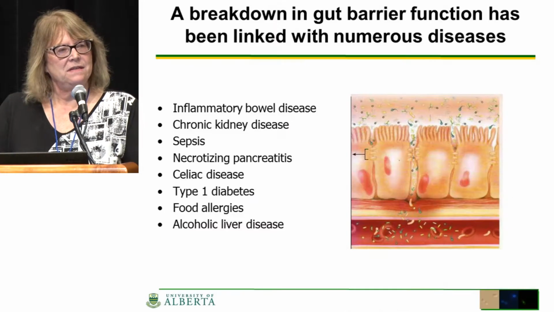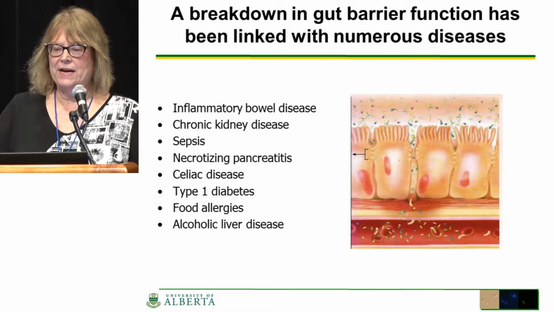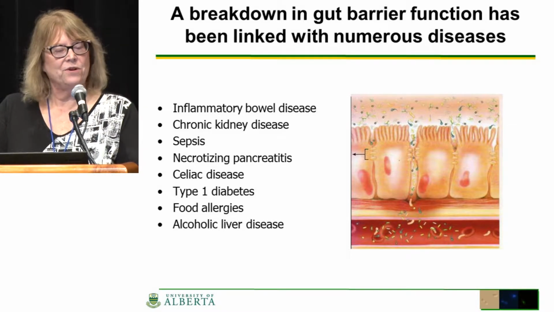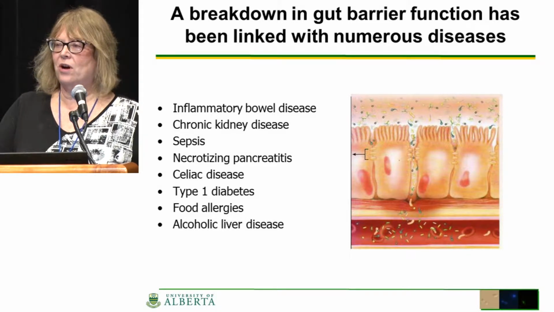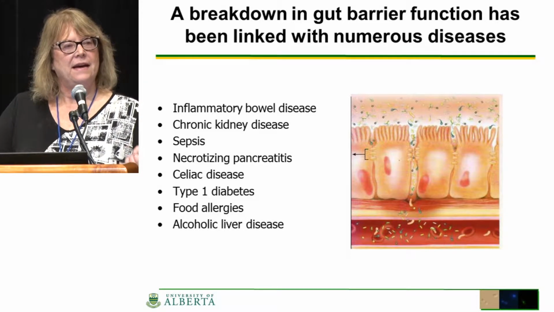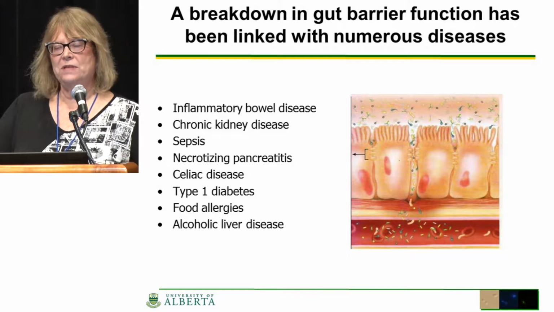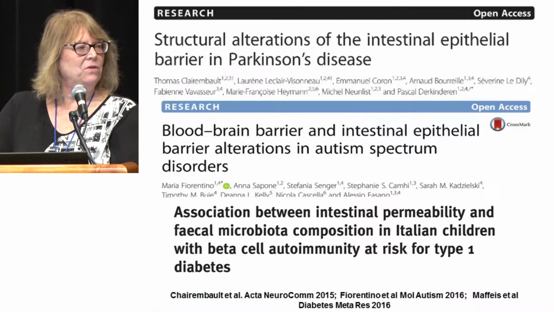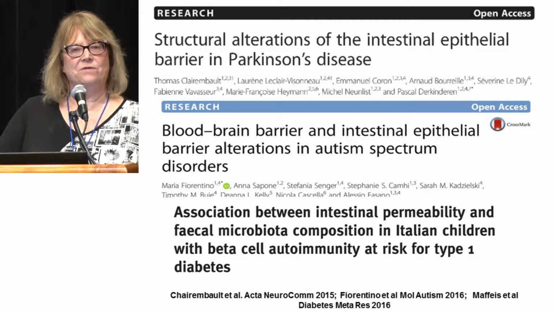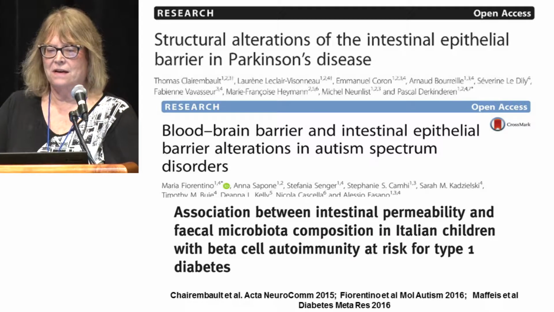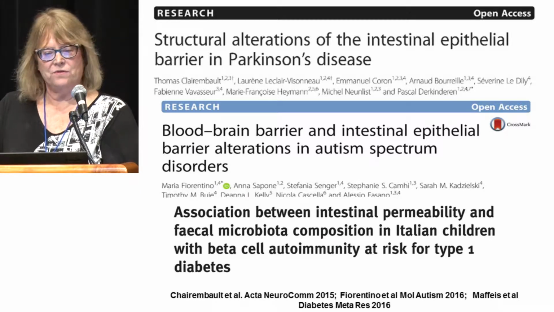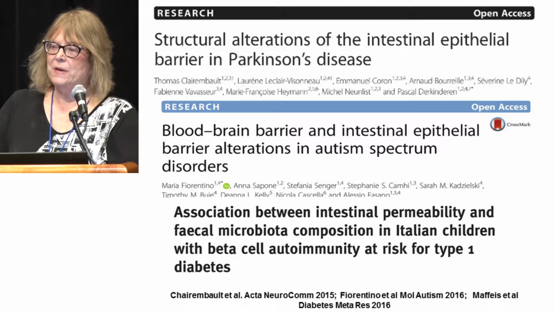And a lot of diseases are linked with a breakdown in gut barrier function. IBD, chronic kidney disease, which we heard about, sepsis, pancreatitis, celiac, food allergies, alcoholic liver disease. All of these diseases have an increased gut permeability associated with the disease. But not only those, now we're seeing a lot of other diseases related to the brain: Parkinson's disease, alterations in gut barrier function, autism spectrum disorders, intestinal epithelial barrier disruptions, type 1 diabetes.